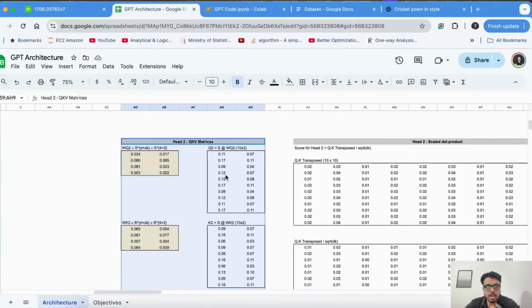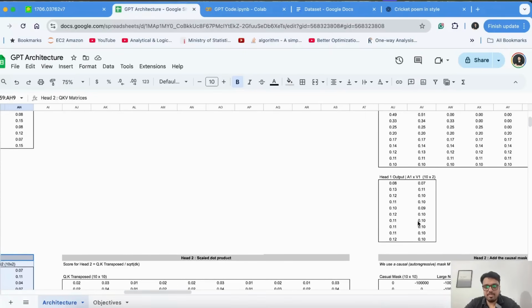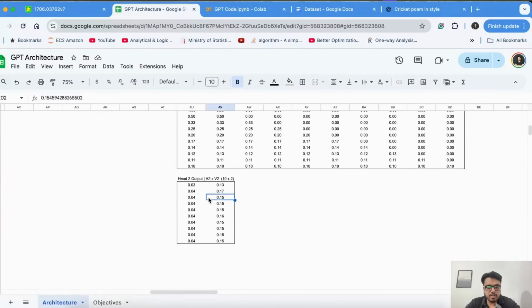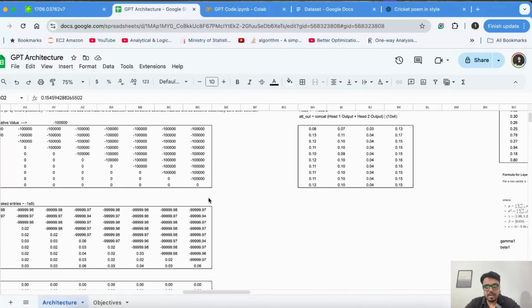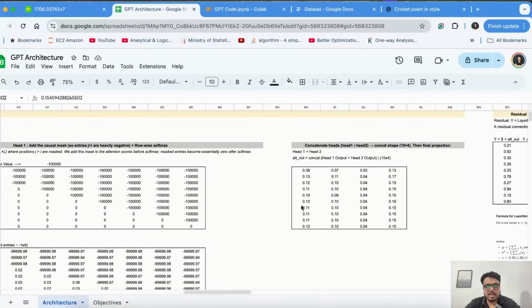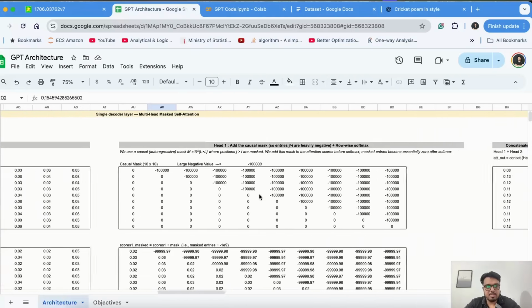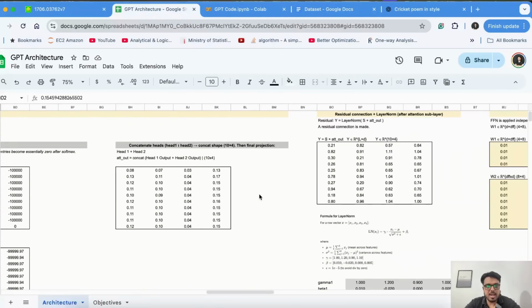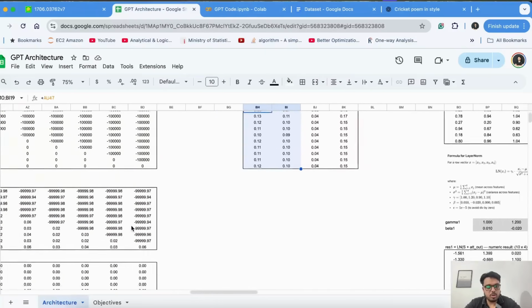Okay. So once we have head 1 and head 2, we have the final output for this multi-head attention layer. So what is this? This is nothing but the concatenation of the outputs across both the heads.